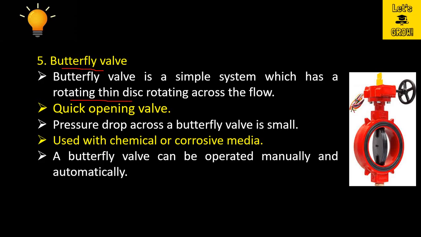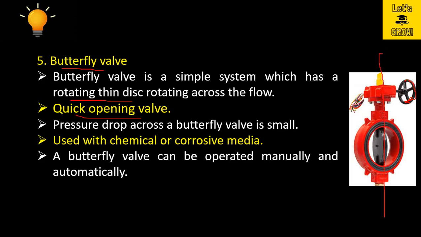This circular disc is operated using this control knob here, and whenever you rotate this knob, the area of obstruction or opening will change. It will move along this axis, correct? This is the axis along which this circular disc will move.